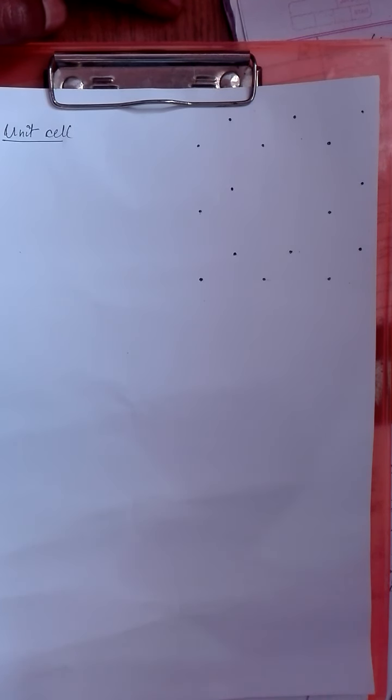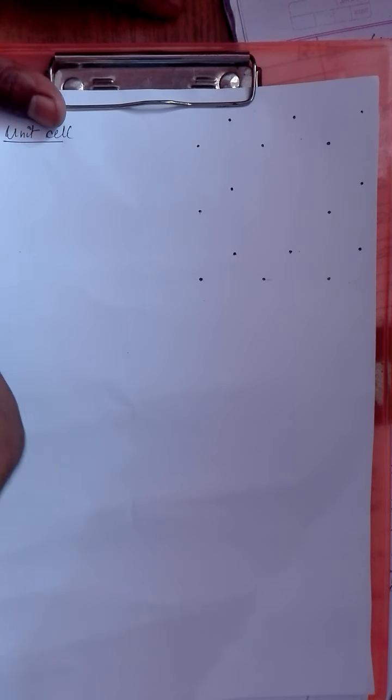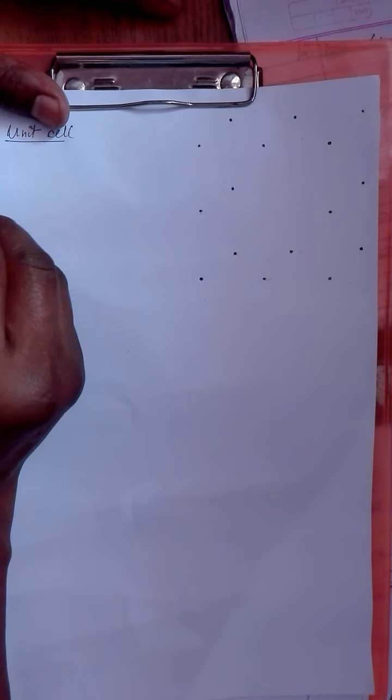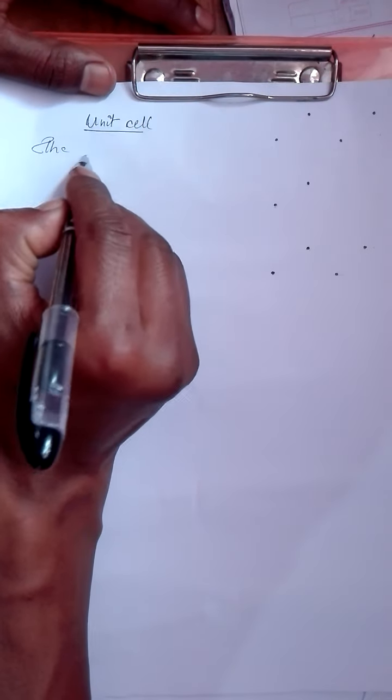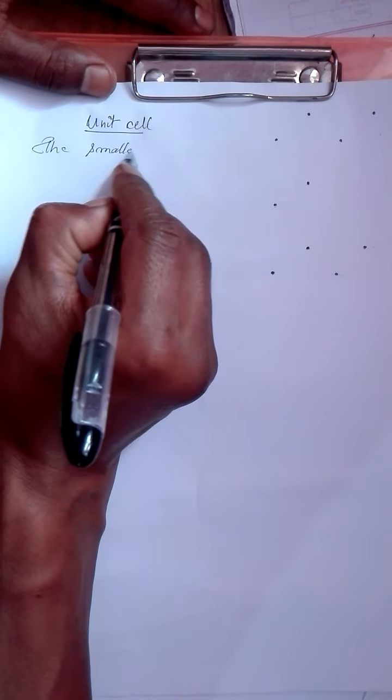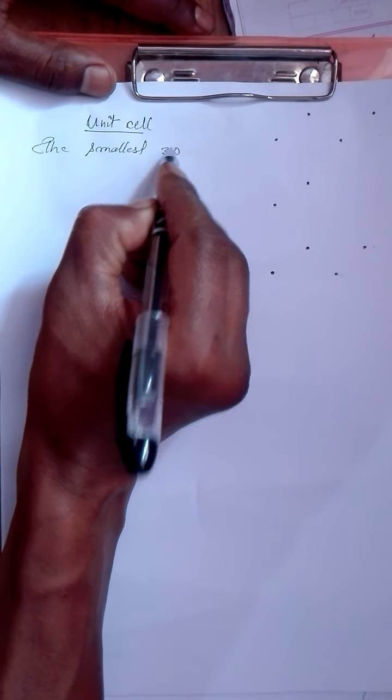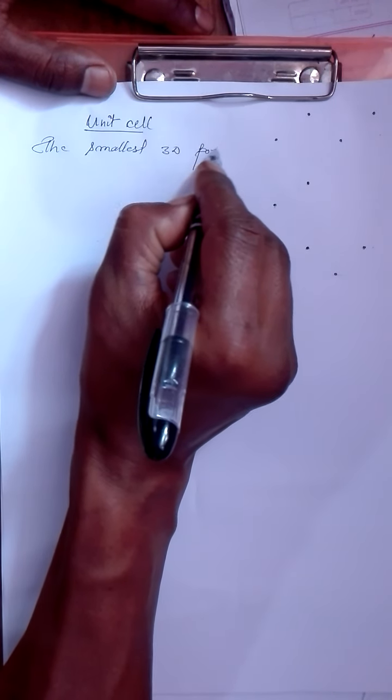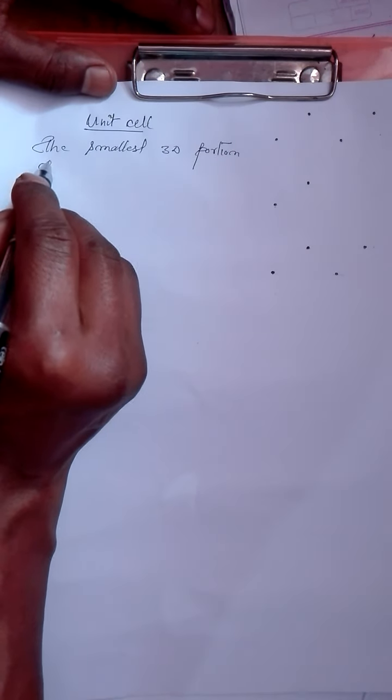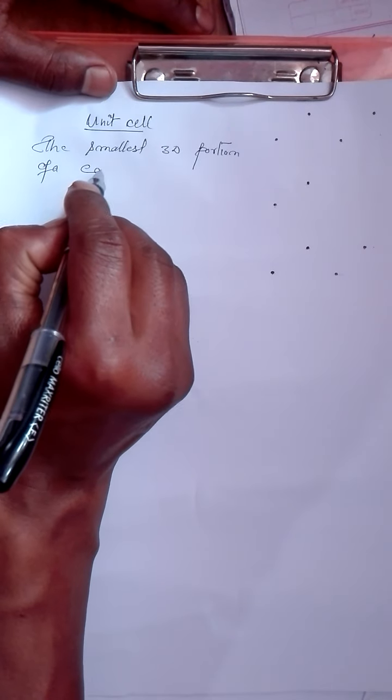Now, for this unit cell, the definition reads like this. Listen, I'm going to explain.